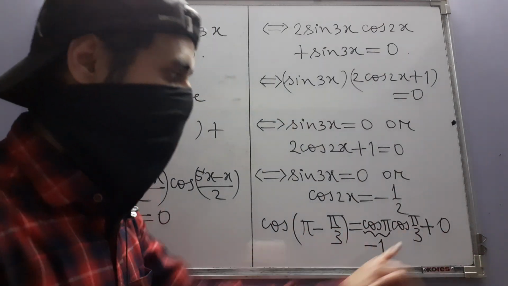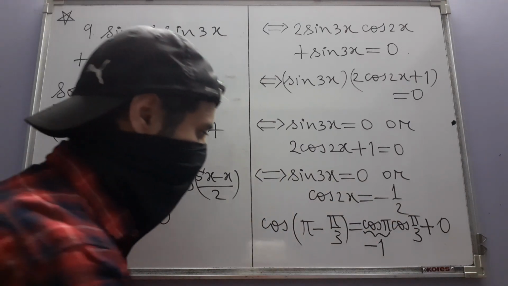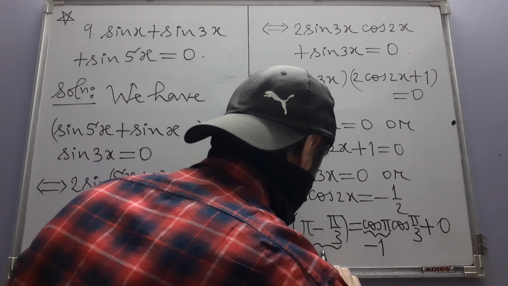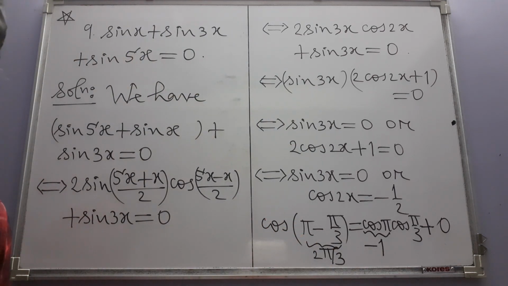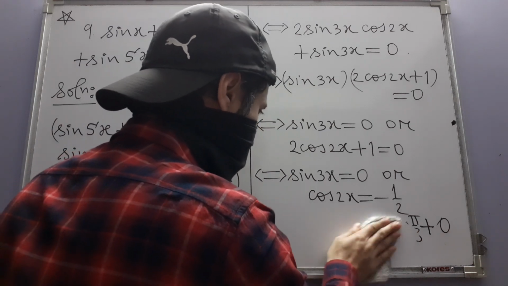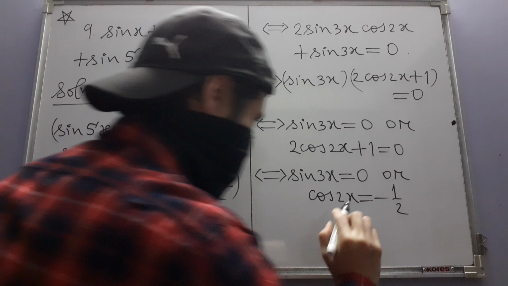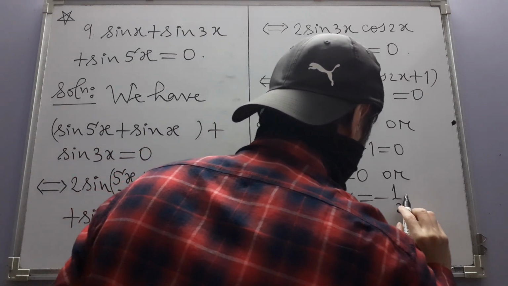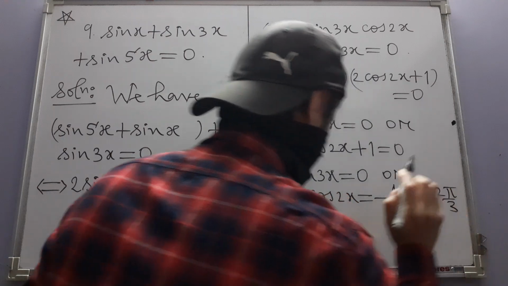So you get minus cos pi over 3, which is minus 1 over 2. So correct. And what is the angle? This is 2 pi over 3. That means this is cos 2 pi over 3.